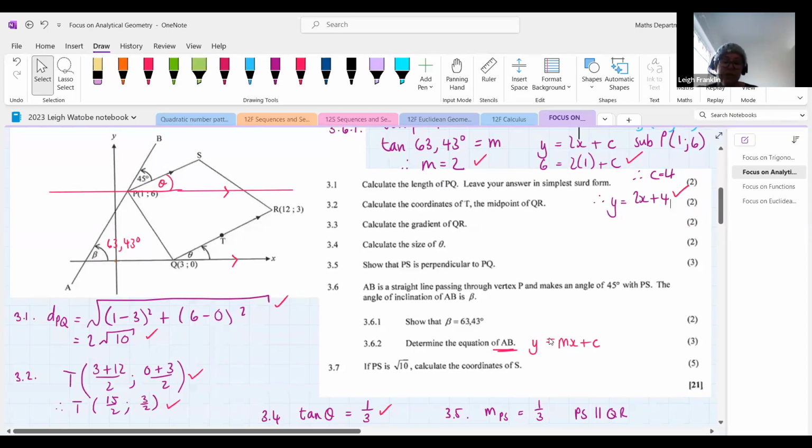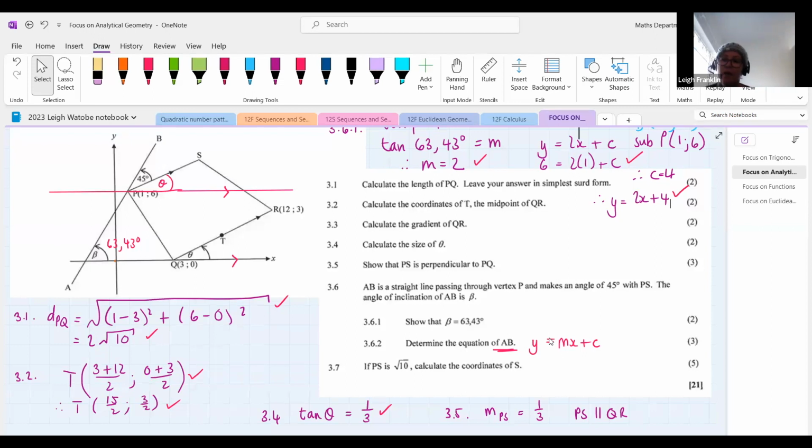Now, the matrics are used to this just because they've had an extra year of practice, but for grade 11s, question 3.7, the method of how we would answer a question like this is something that we see over and over again in maths. They want us to calculate the coordinates of S. So that means they want the X coordinate and they want the Y coordinate.